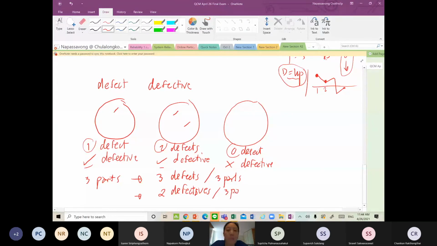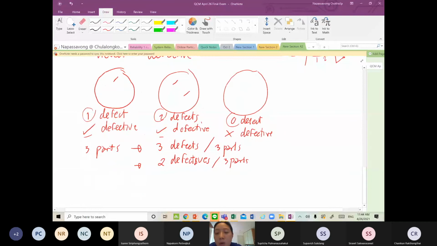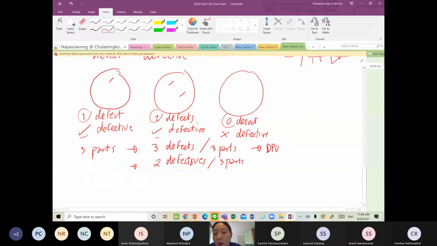Okay. Remember process capability analysis. We have a measure which is called DPU. DPU is the number of defects over 1 unit. It's a defect rate. So 3 defects over 3 parts is equal to 1, right?